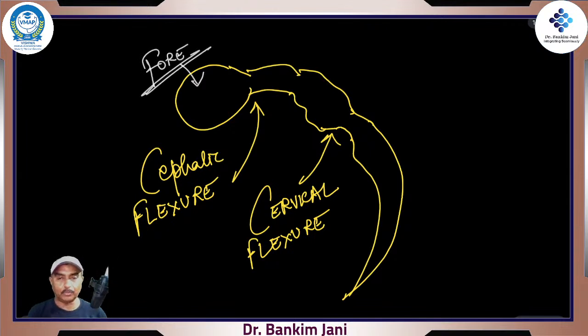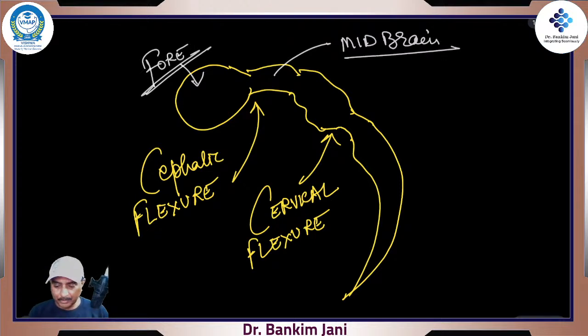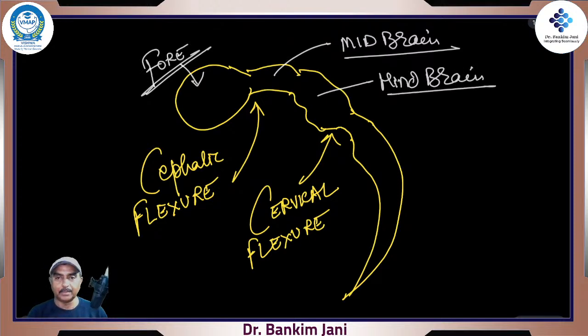Just behind the cephalic flexure we have this portion, the midbrain. And then all the way to the lower till this point, this is the hindbrain. After this cervical flexure, all the way, it is the spinal cord.